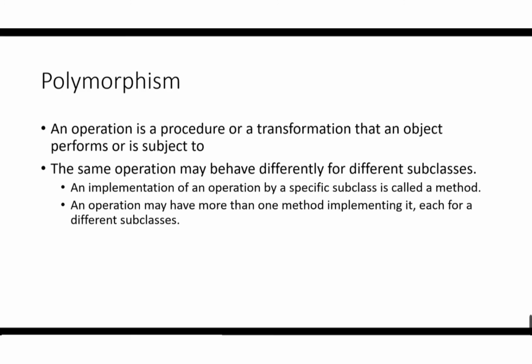It means we need to draw the polygon, draw the rectangle, and draw the triangle, and actually the details of the methods to draw different polygons are different. So we cannot use the same implementation, the same code, to implement the same operation. So the same operation may behave differently for different subclasses.